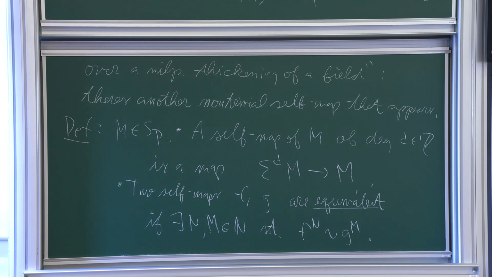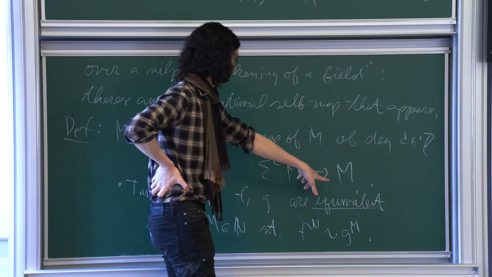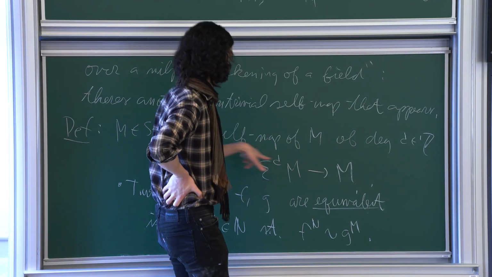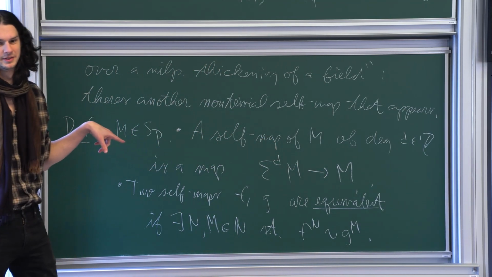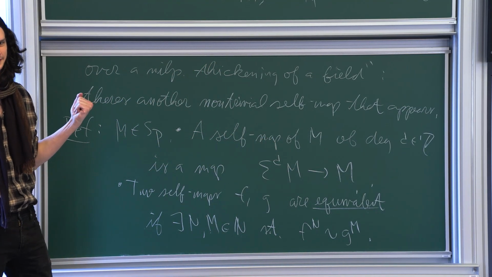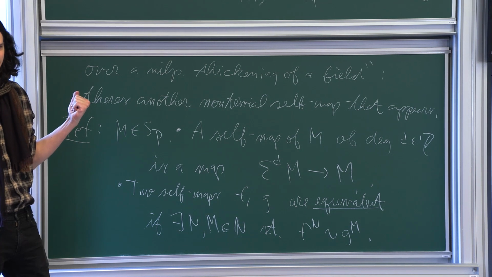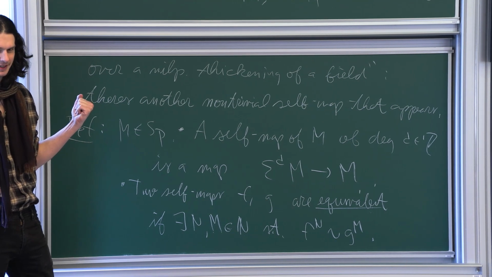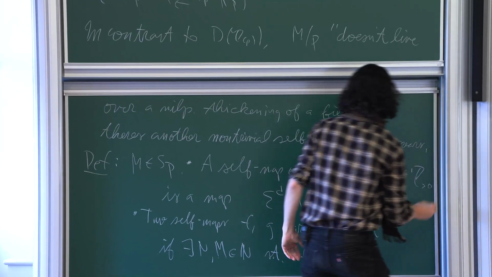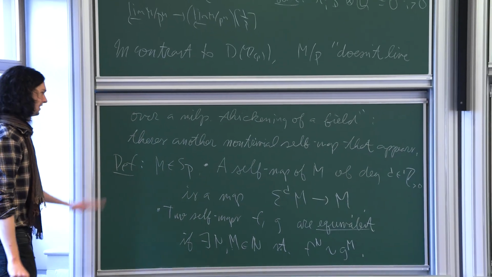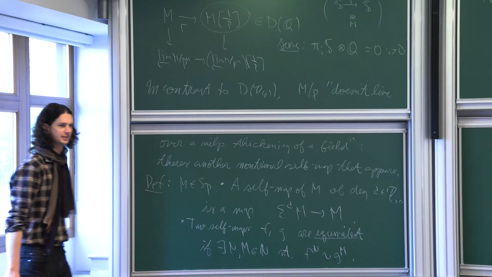Yes, that's iterating f. If you have a self-map, you can compose it with itself. A self-map of degree d composed with itself gives you a self-map of degree 2d. So in particular, the two d's should have the same sign. Yes. Yeah, d will actually always be positive. It doesn't have to be for the formalism, but in our case, it will be positive.